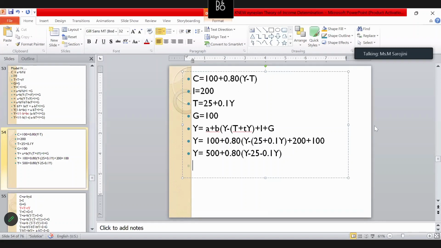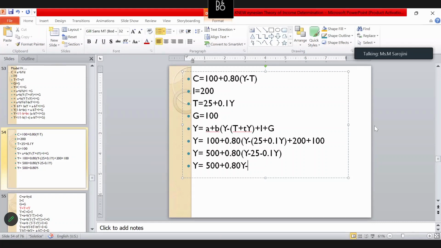Now the next one, 500 plus 0.80Y minus 0.80 into 25.